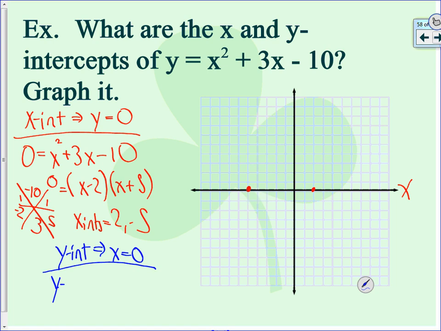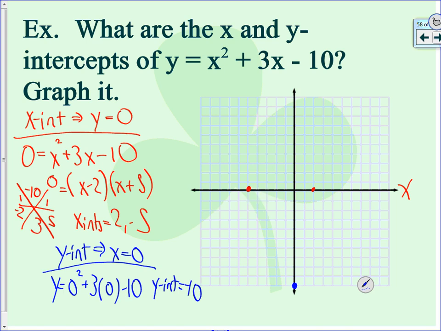So y equals 0 squared plus 3 times 0 minus 10. It's a lot easier to find the y-intercept because you don't have to solve anything. You just have to plug in 0 and a bunch of things go away. So the y-intercept, 0 plus 0 minus 10, is negative 10.